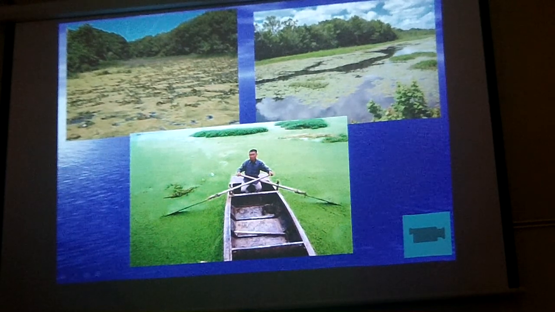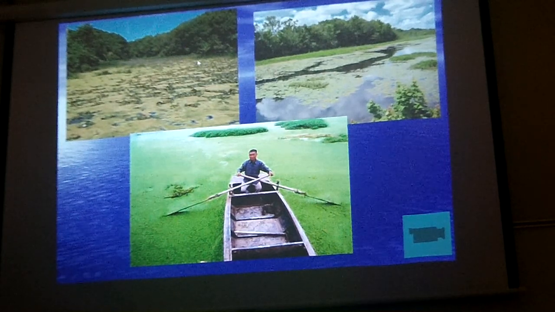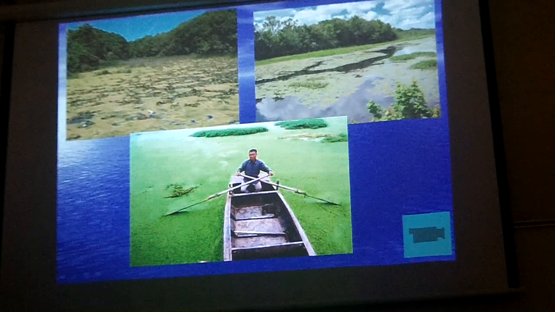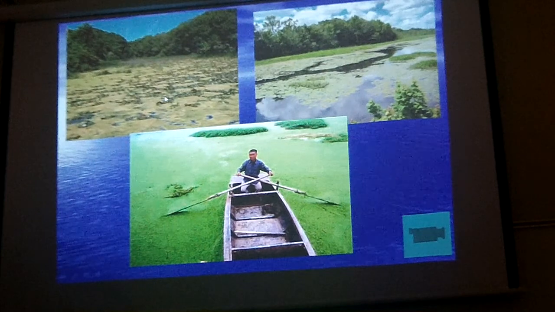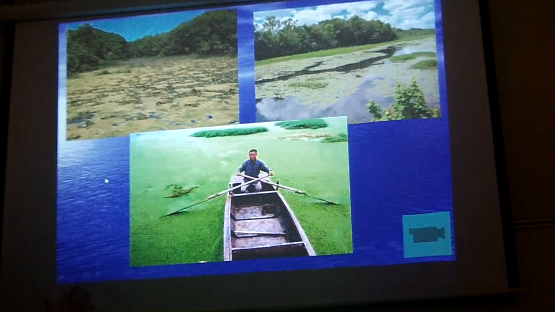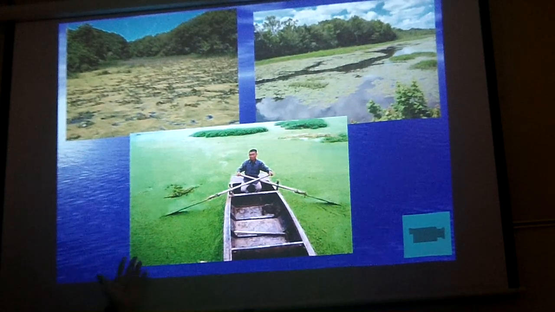And so whenever you see a lake like this, with a lot of algae on it, or a river, what happens is it becomes depleted of oxygen. And fish can't live in low oxygen levels, so the whole area doesn't have any fish in it. You don't usually see areas like this. This is an incredibly eutrophicated area.